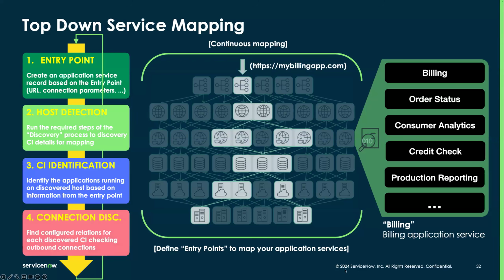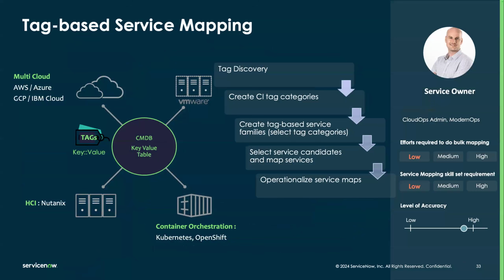In this case, we'll meaningfully connect all these different CIs within our technology estate to see, okay, how are these impacting my application service? So this is a very tedious process that involves a lot of time, a lot of resources spent on it, and it's done typically for mission critical application services.